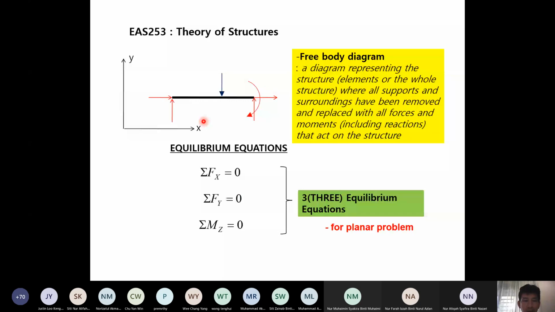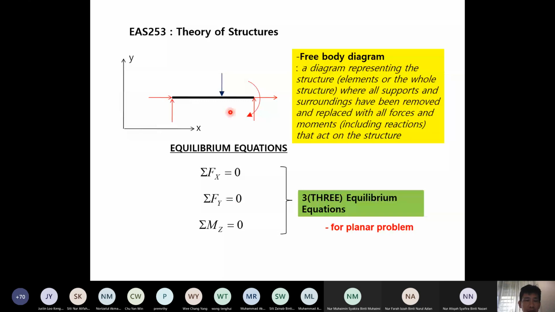So the first one is, if you take this as the x direction, then the summation of forces in the x direction should be 0. If this is the y direction, the summation of forces in the y direction should be 0. These are related to forces, and the third one is moment. If you take the moment caused by the forces at any point within this plane, it can be here, it can be here, it can be anywhere within this plane, then the moment should be 0.